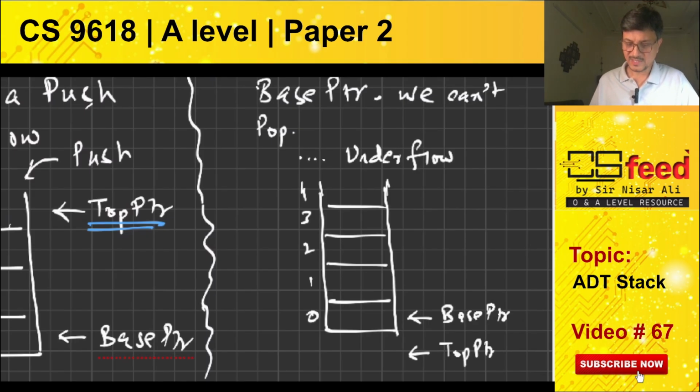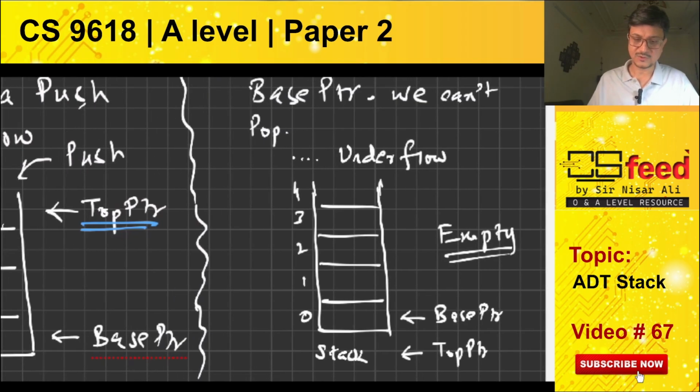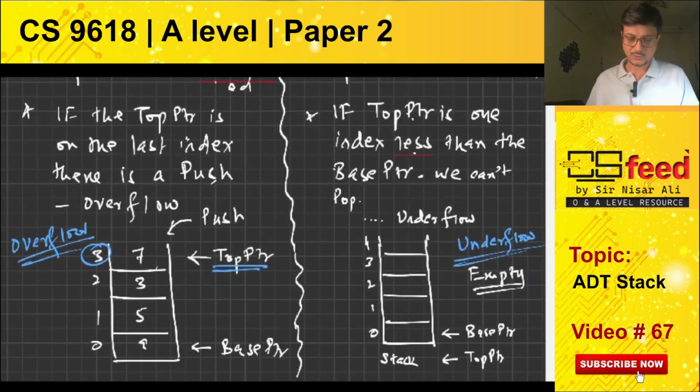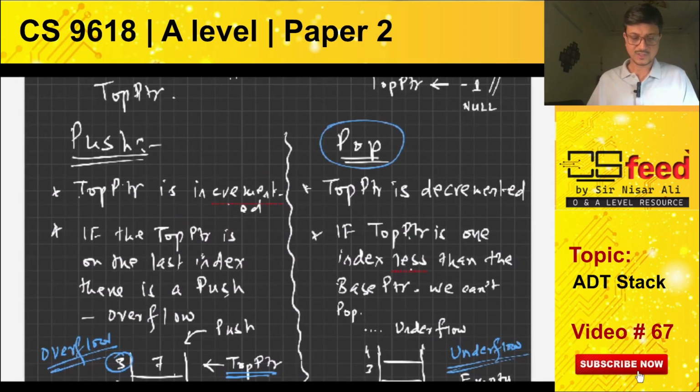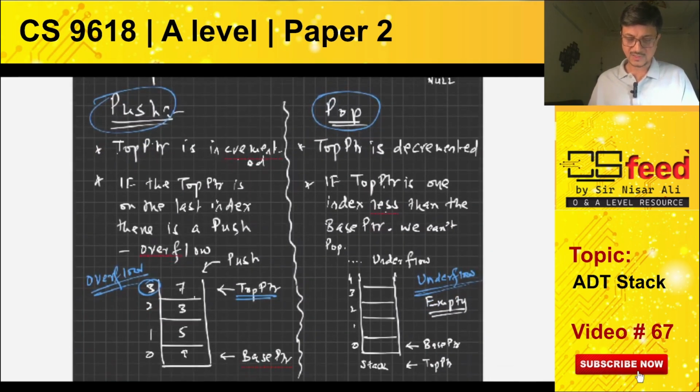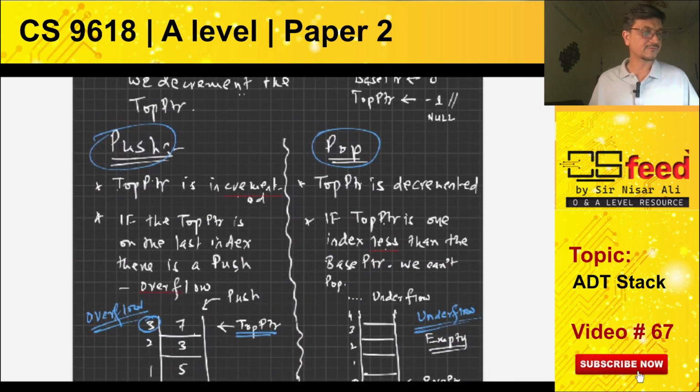So it means the stack is now, what is this? This shows that the stack is empty. So if the stack is empty and you try to remove something, what will happen? Underflow. Underflow will occur. So you will not be able to remove anything from the stack. So this is how the pop works and this is how the push works. So in the push and pop, we always consider these things, and for the same we write the code.